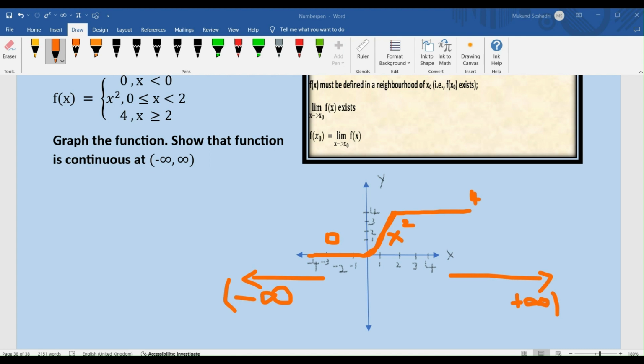And both of them are equal, which means the graph does not see a break at the point x equals 2. And indirectly, it means that the function is continuous at the point x equal to 2 as well. And beyond that, x greater than 2, I don't see a challenge because it is a constant 4, right? A constant function is always continuous, right? So that's how we establish that this particular function is continuous.